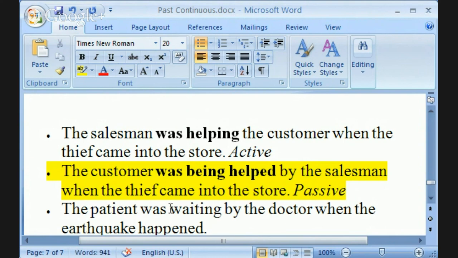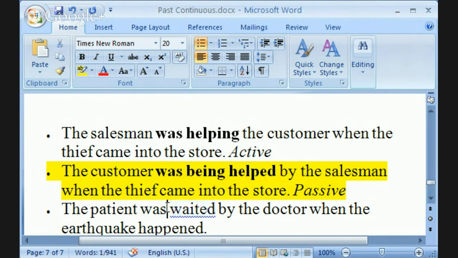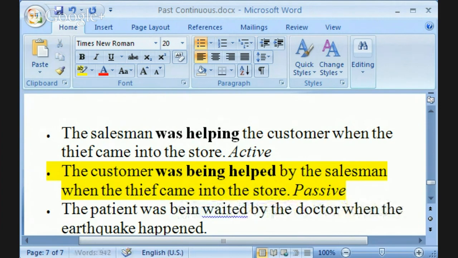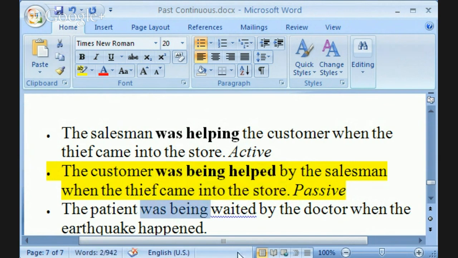The patient was waiting by doctor. Here we have to say we need the past participle of the main verb. Was being. Now that shows us that it is the past continuous.